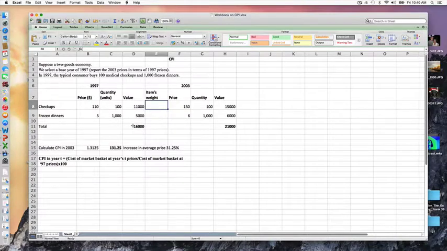So in other words, I spent 16,000 for these two goods in 1997. How much in percentage did I spend for each of these two goods? That's the item's weight. So we are going to calculate how much of the total money spent for the year is this number. So it's going to be this number divided by the total.